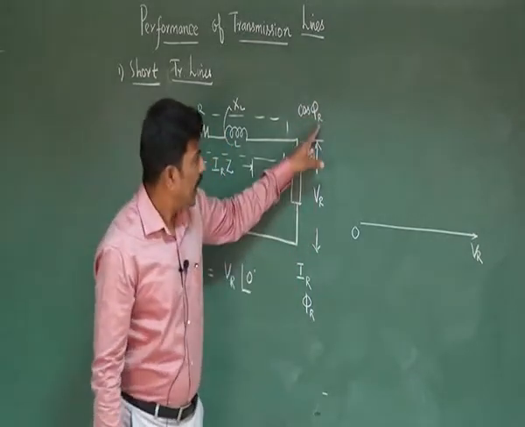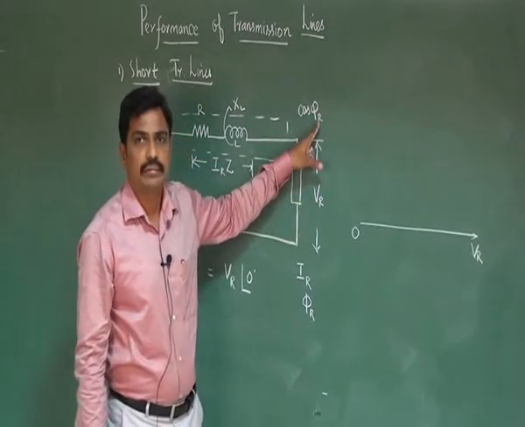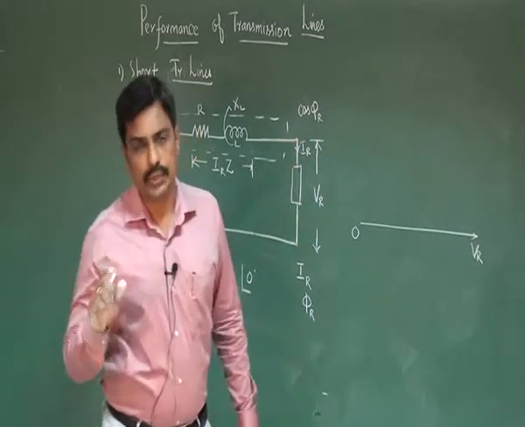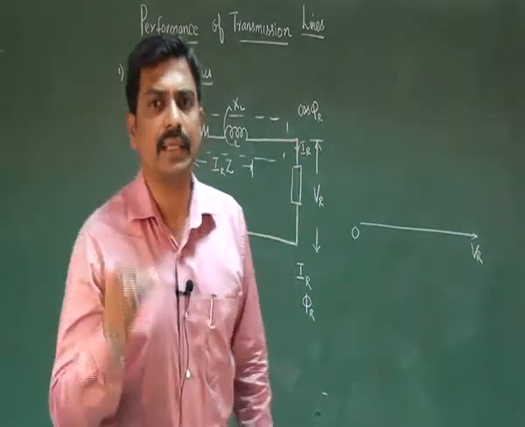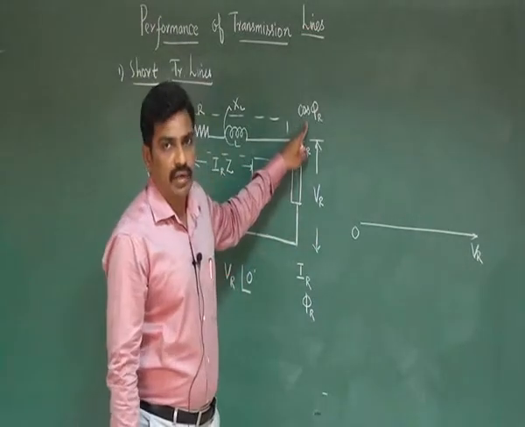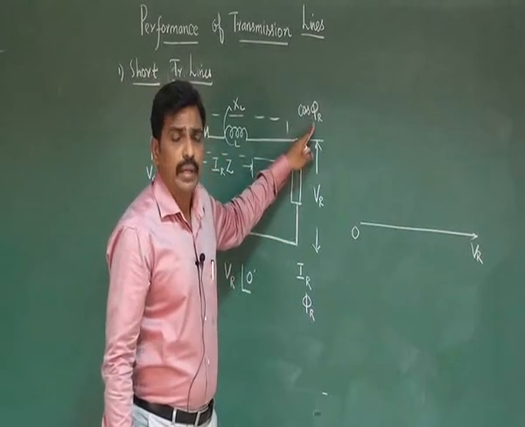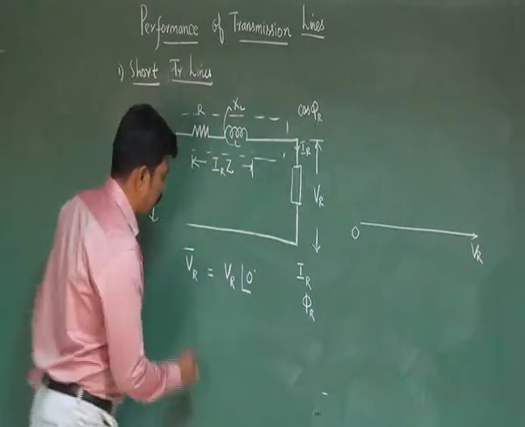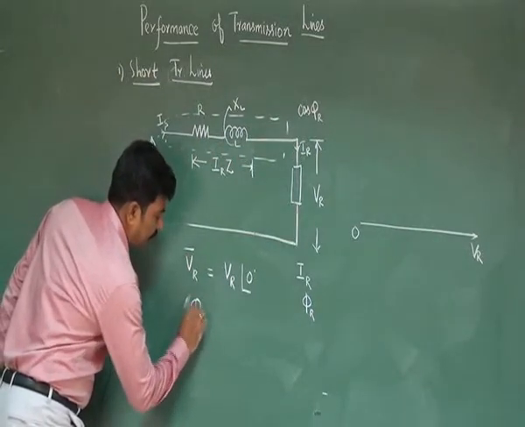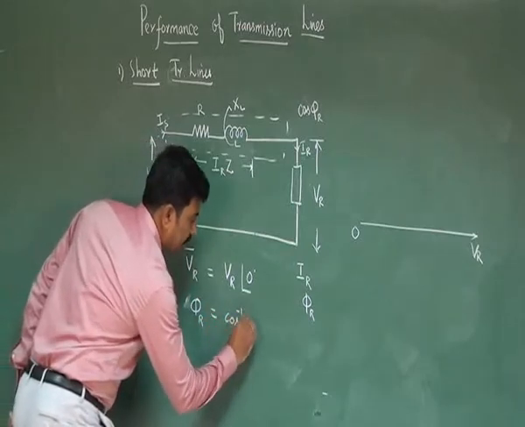That means the angle between Vr and Ir is phi r. So to construct the vector of Ir, we need to get the value of phi r. Once you know the value of cos phi r, the receiving end power factor, it is very easy to obtain the value of phi r. So from cos phi r, we can get the value of phi r, as cos inverse of the power factor.